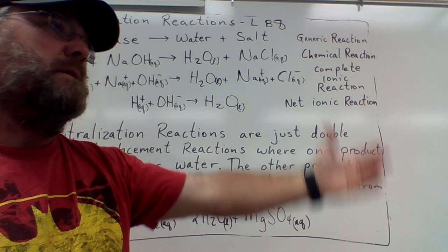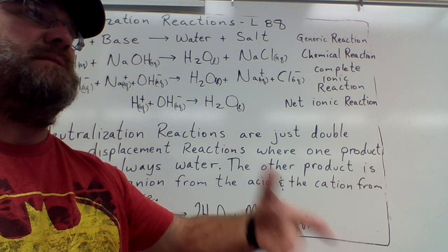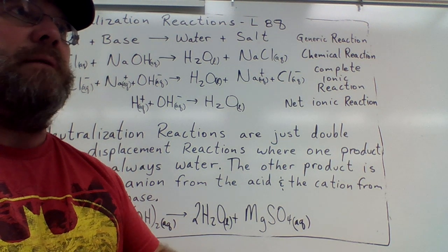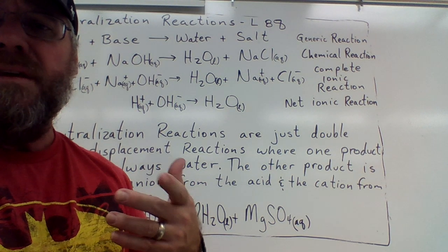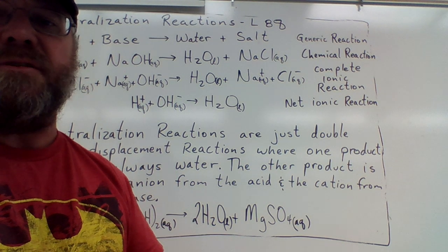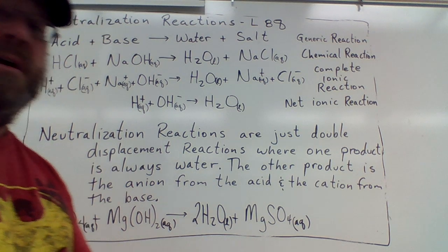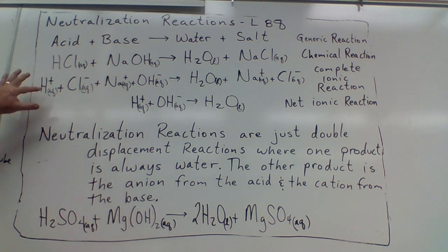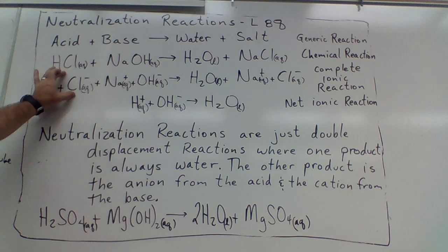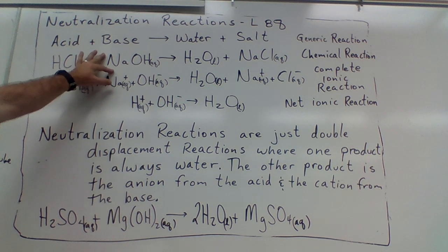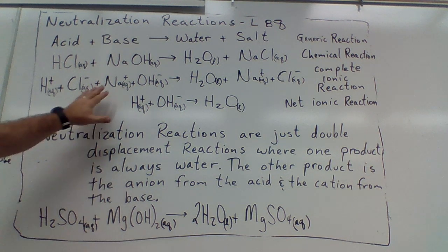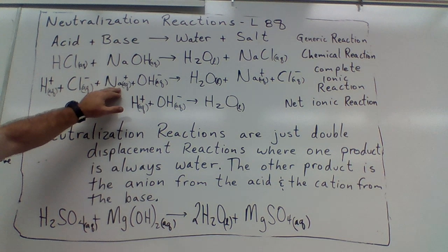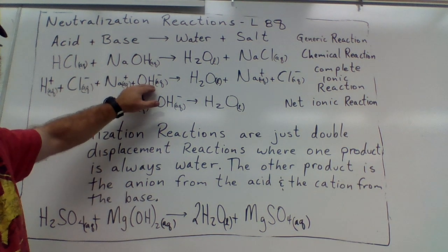And when was it? I can't remember. It was 17 or 15. We looked at what we called complete ionic reactions. Well, complete ionic reactions show us all of the ions involved. So HCl is actually going to be in solution as H+ (aq) and Cl- (aq). The NaOH, sodium hydroxide, is going to be in there as sodium ion, Na+, and hydroxide ion, OH-.